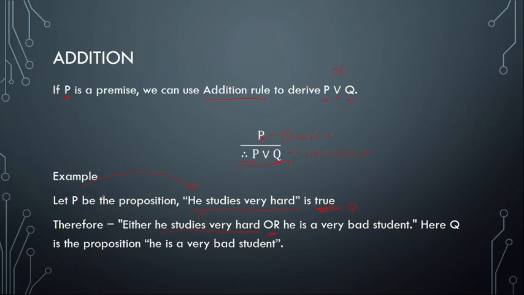Again, P here is he studies very hard, and or is the conjunction, and Q is he is a very bad student, also a proposition. Therefore, P or Q.